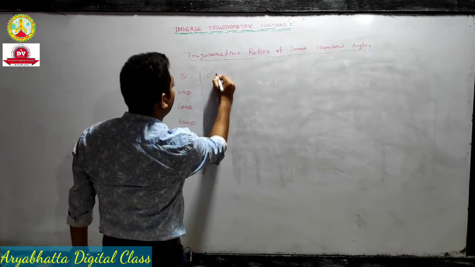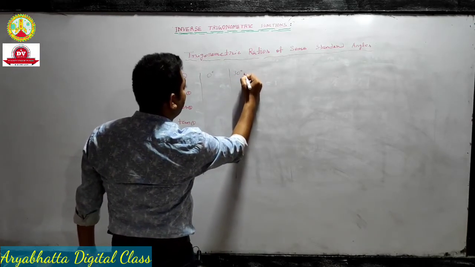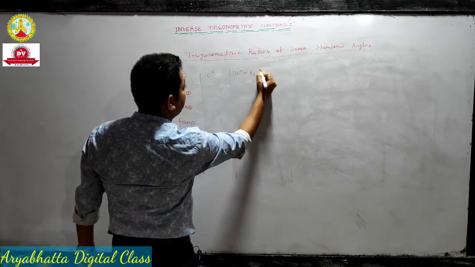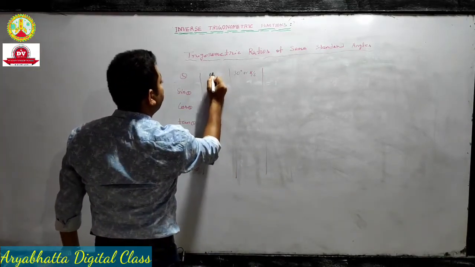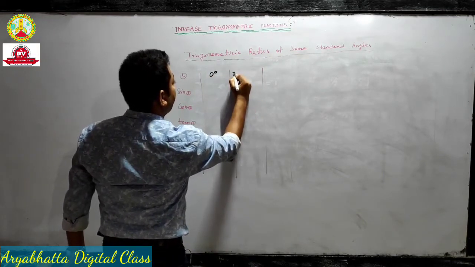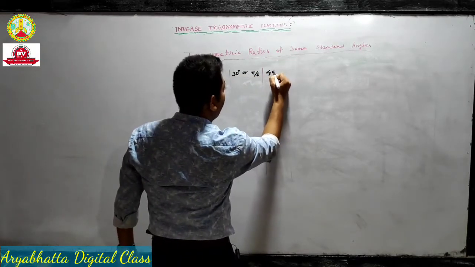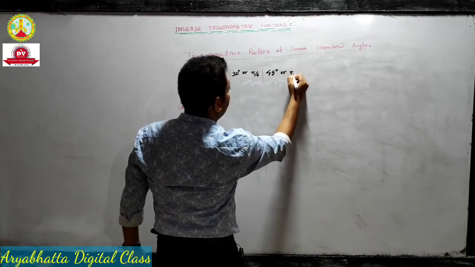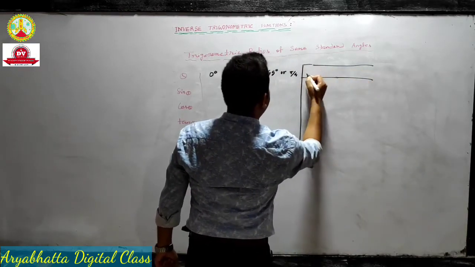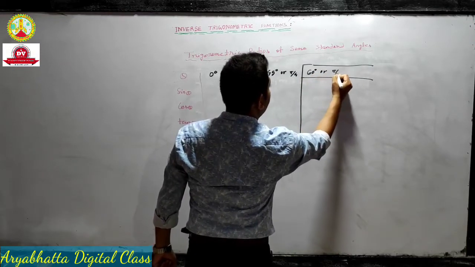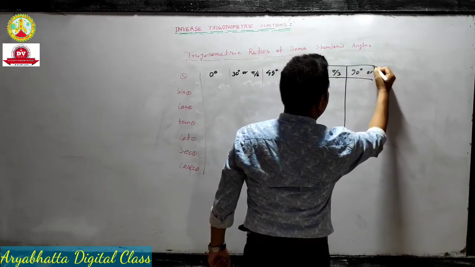The angles are 0 degree, next 30 degree or pi by 6, next 45 degree or pi by 4, next 60 degree or pi by 3, next 90 degree or pi by 2.